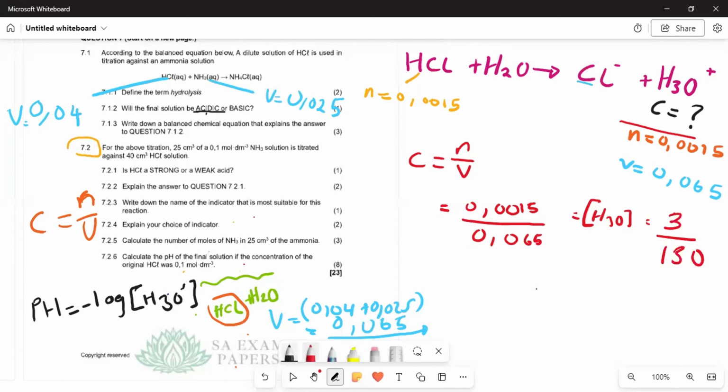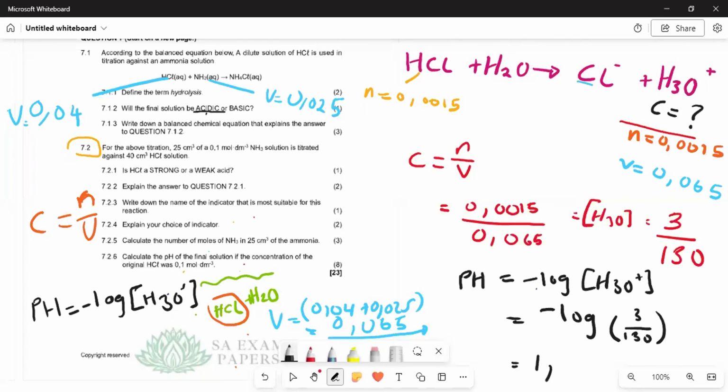Now, going back to my pH formula, whereby pH is equal to negative log the concentration of H3O, I will substitute this concentration into this formula. When I punch this into my calculator, my pH would be 1,64, rounding it off to 2 decimal places.